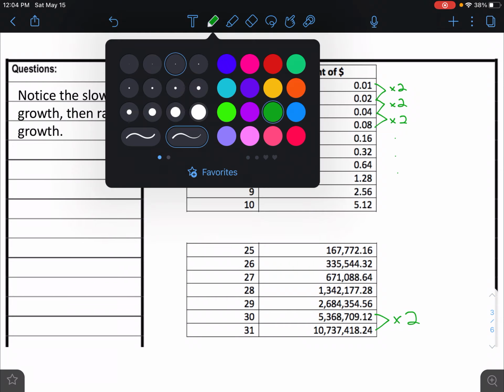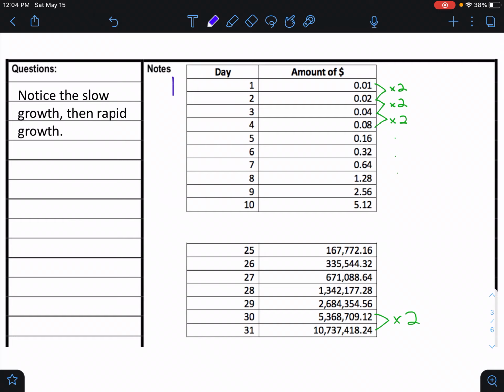One of the things that I want you to take a look at is the first 10 days here. This is very slow growth. After 10 days, I only have $5.12. So if you were to make a prediction after 10 days, whether you were going to hit $1 million, you would probably say, no, that's not going to happen.